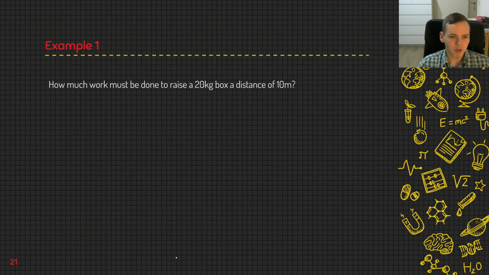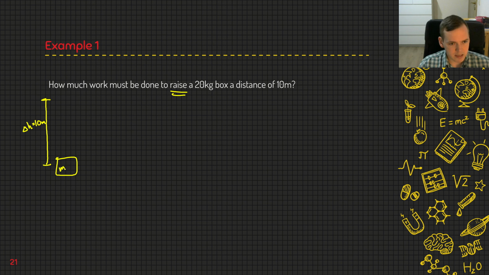So first, how much work must be done to raise a 20 kilogram box a distance of 10 meters? In this case, we have a box, and it's going up some delta h equal to 10, and it's going up, so we want a positive delta h.